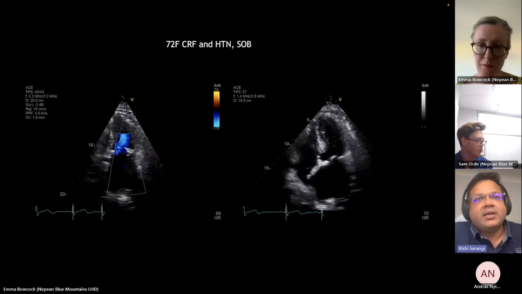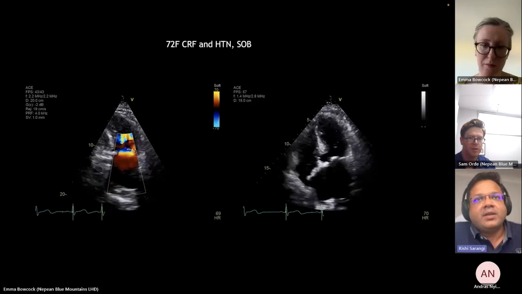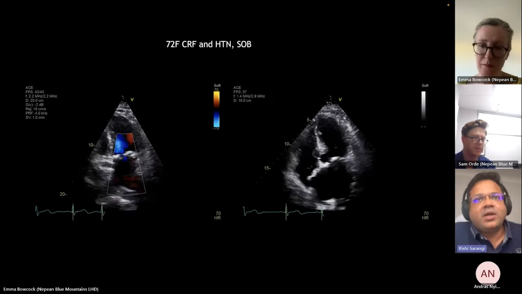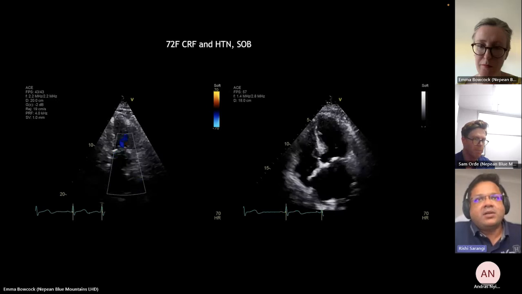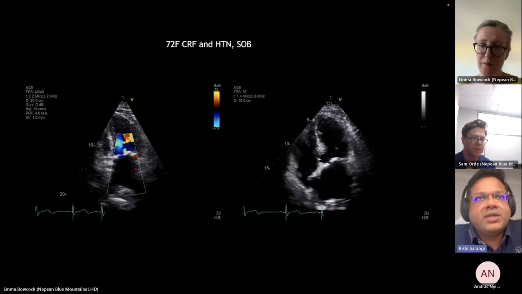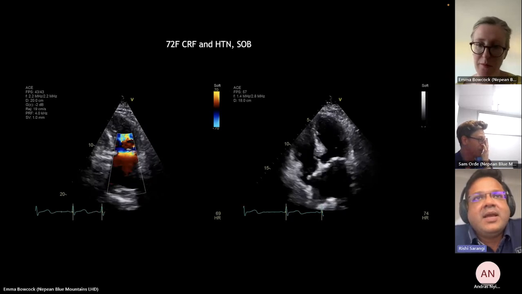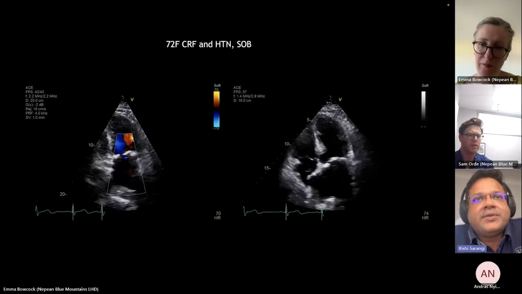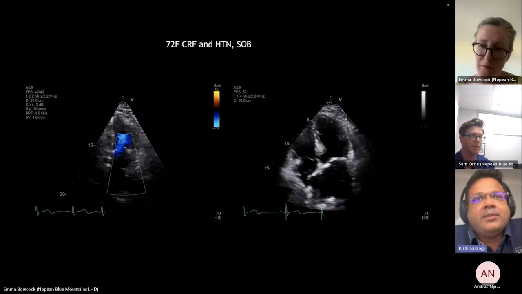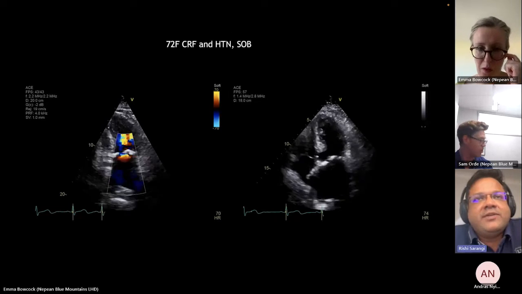On the right, I can see a 5-chamber view without any color Doppler, which shows again very minimal excursion or opening of the mitral valve, and a massively enlarged left atrium.